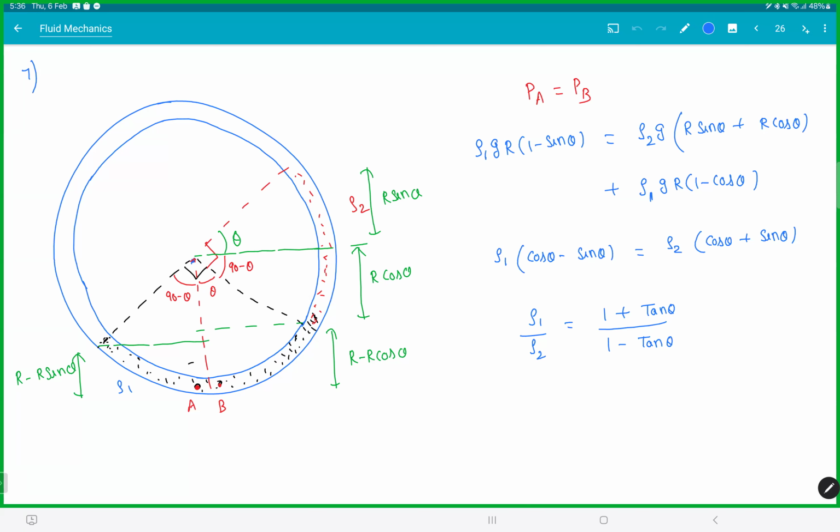Let's say we have a sealed container. We have a piston of area A. Here, this part is filled with 3p naught pressure.